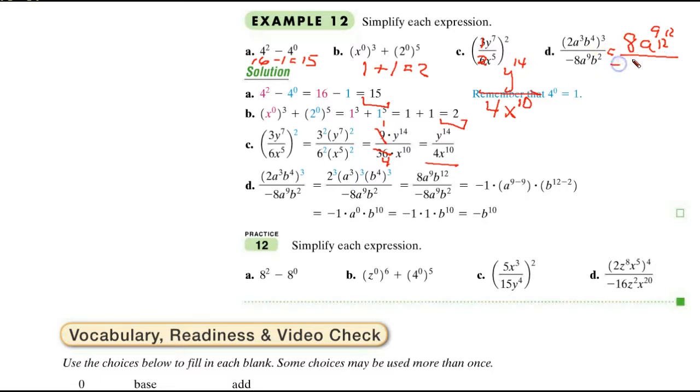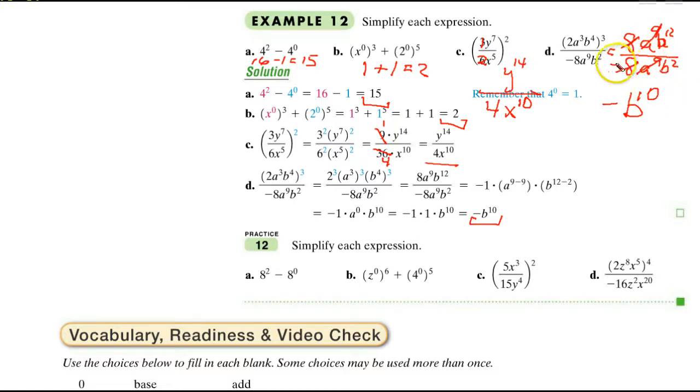And then this is going to be a negative 8 here. a to the ninth, b to the second. Okay, well, the a to the ninths are going to cancel out. That's just a 1. Then we're going to get b to the 10th, so we're going to subtract the 2 from the 12 and get a 10.